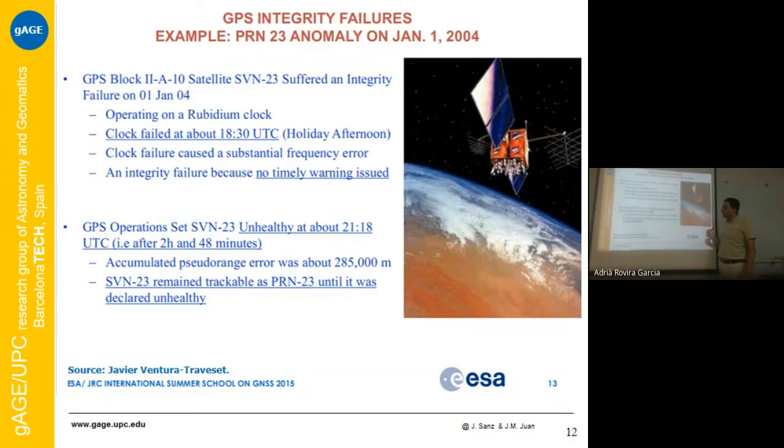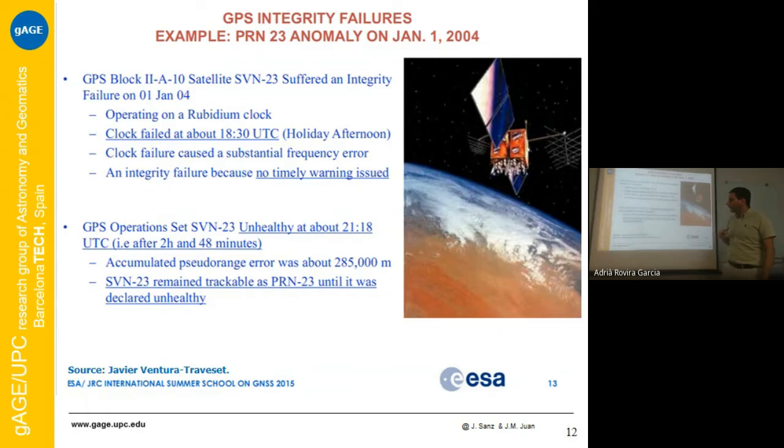So there are always people at the GPS or Galileo control segments. There are always people, but they took some time to detect the failure, to confirm the failure, and to start issuing warnings about this satellite.